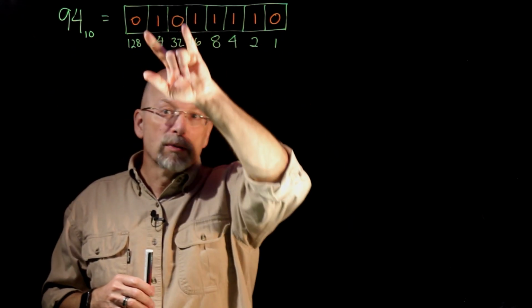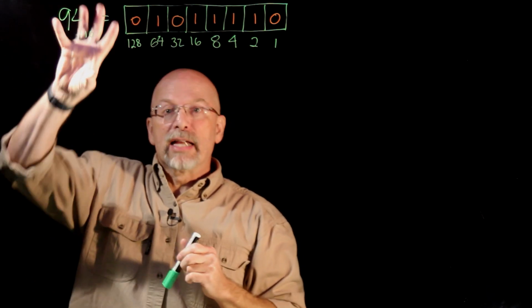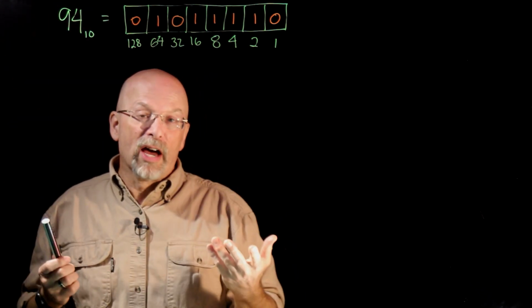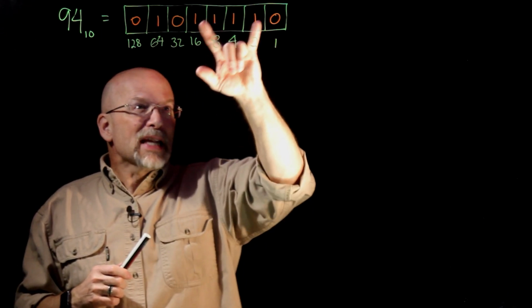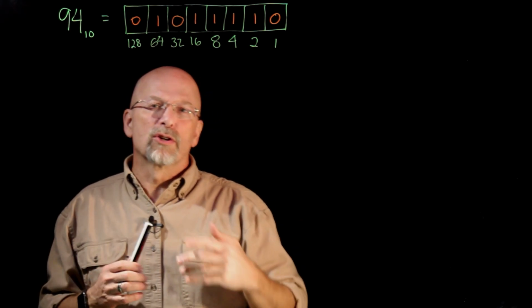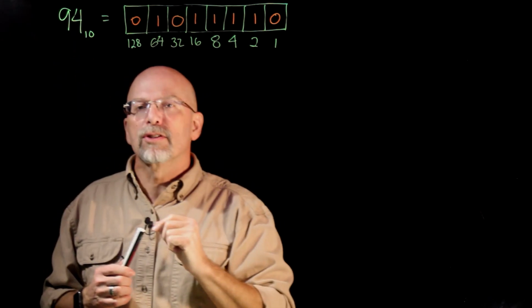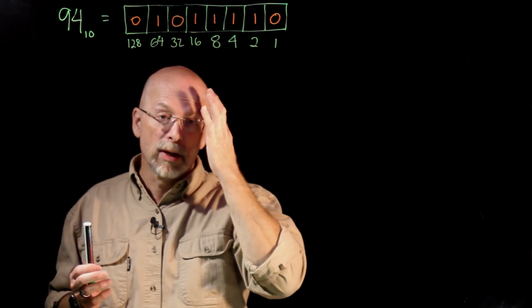Then we reserve some more bits to represent the tens place. And if we had a hundreds place, we'd have to add some more bits to show what the hundreds value is. So how many bits do I need to reserve in order to represent a value that could be present in the ones place or in the tens place or the hundreds place and so on?